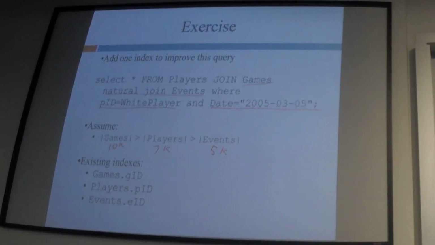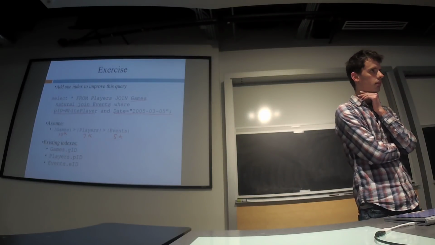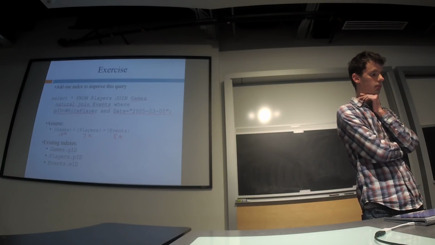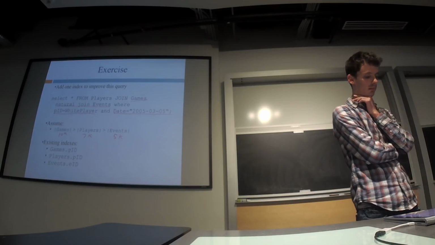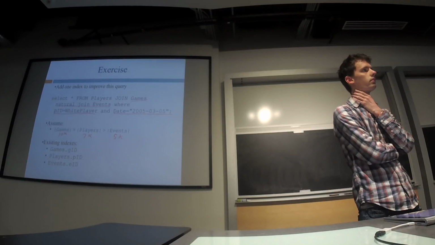So let's think about this a bit. What is it going to do if we don't add any indexes? What's it going to do right now? I'm guessing it'll start by looping through games, and then for each game it'll list the relevant events, see if it is correct.